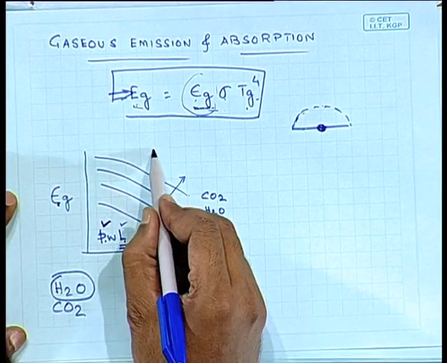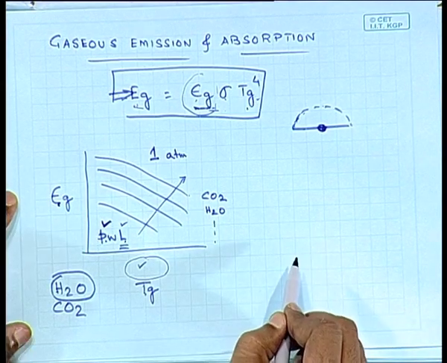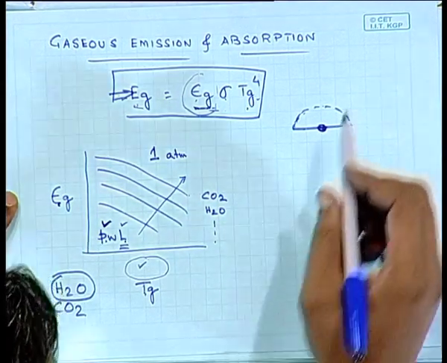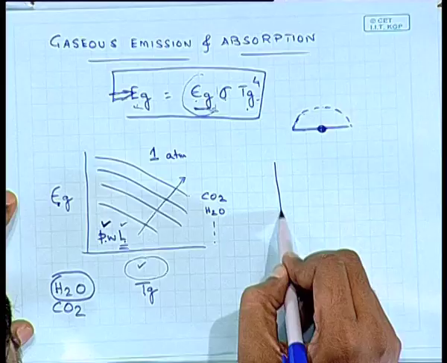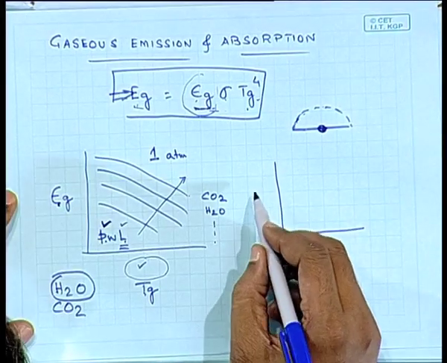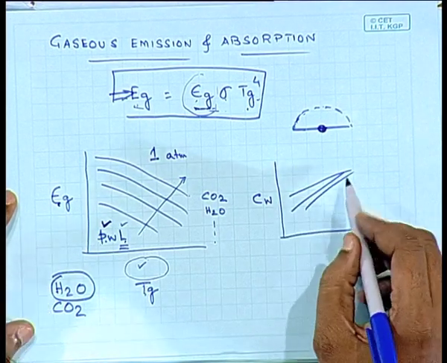These all are at 1 atmosphere. That could be another variable. You can have gas which is pressurized, which is not at 1 atmosphere, but higher than 1 atmosphere. So there has to be a correction factor which can be added to this epsilon for different values of pressure.